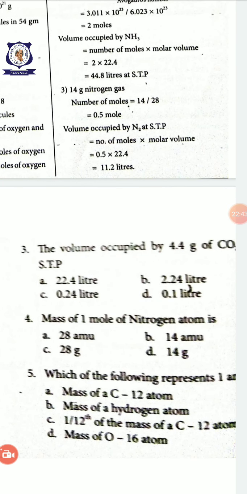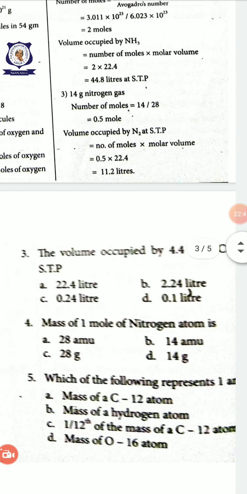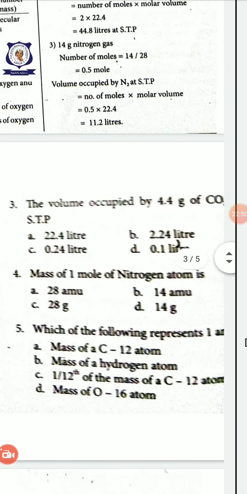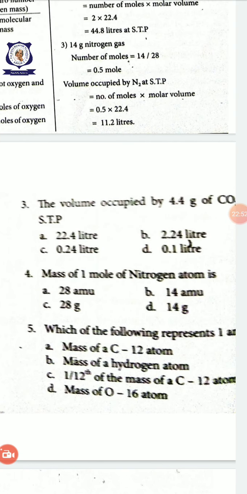The volume occupied by 4.4 gram of carbon dioxide at STP. See, what is the molar mass of carbon dioxide? Carbon 12, oxygen O2 32, so totally 44 grams. So what is the volume occupied?